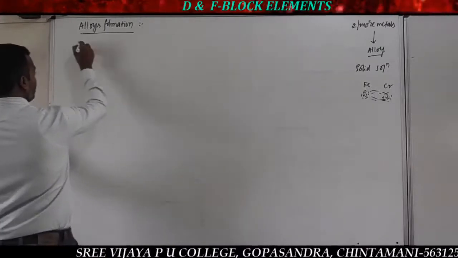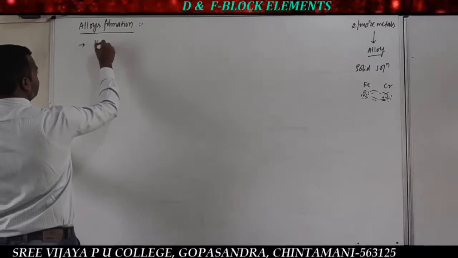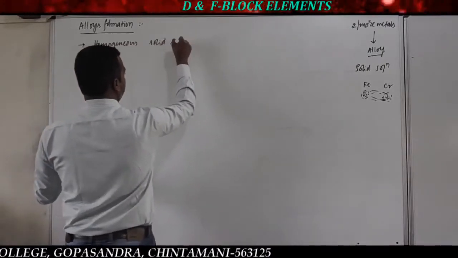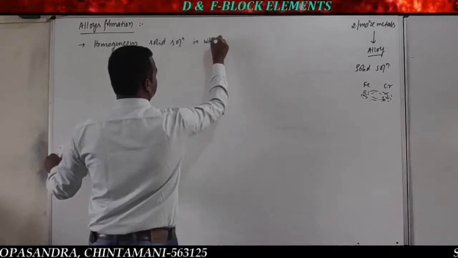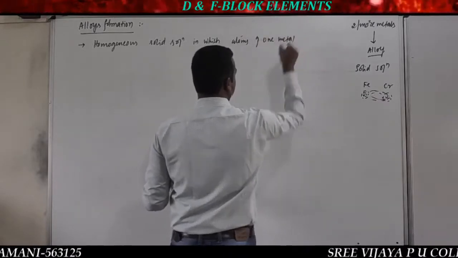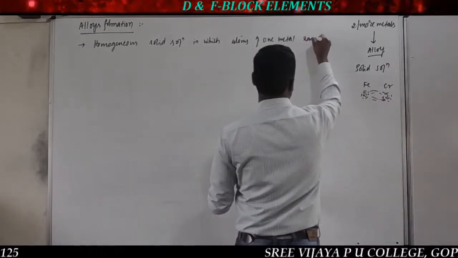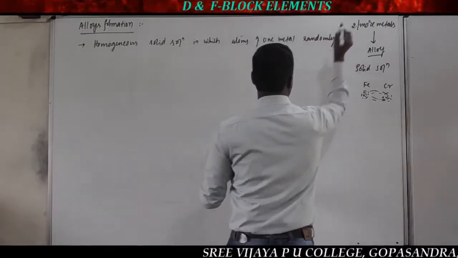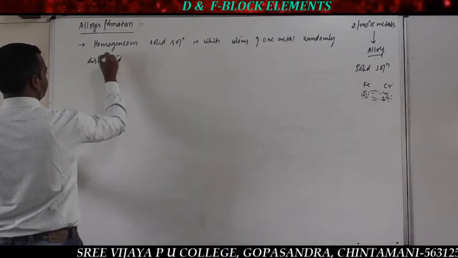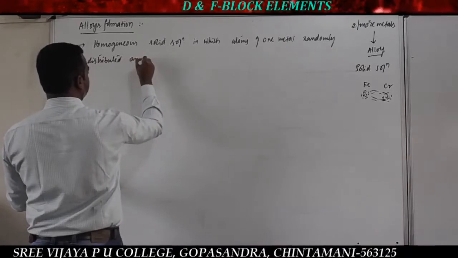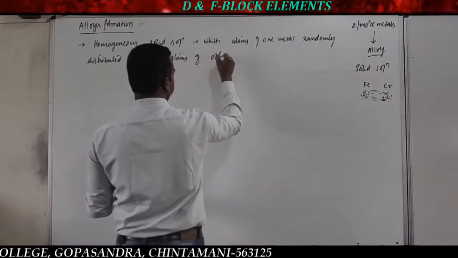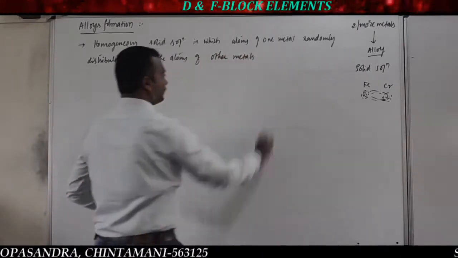First of all, alloy is a homogeneous solid solution in which atoms of one metal are randomly distributed among the atoms of the other metal.